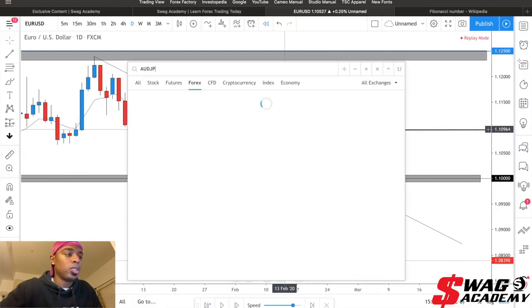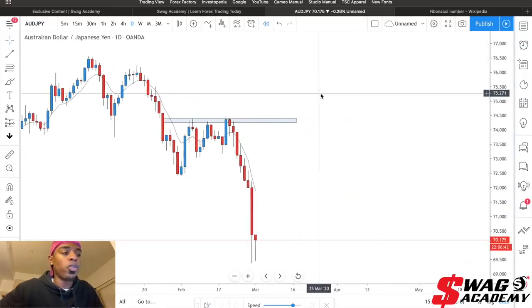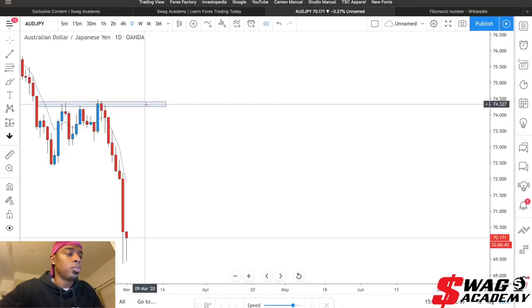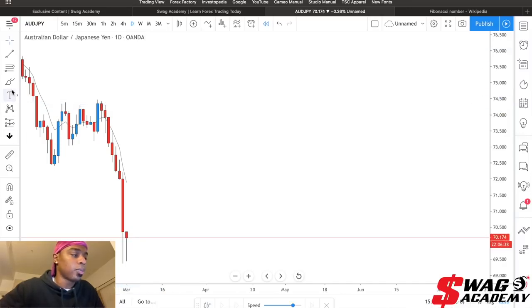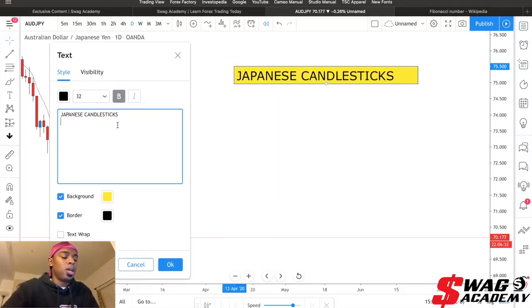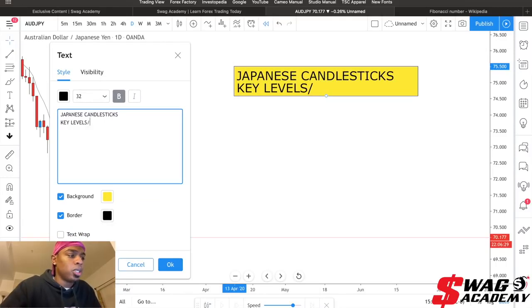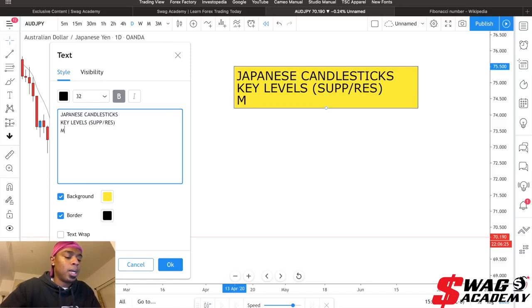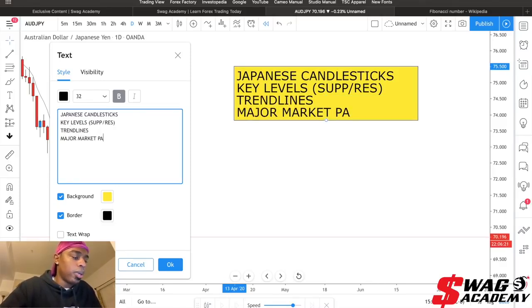If I can go back to AUJPY, you got to use all of them together. Bring it one more time. Text, we got Japanese candlesticks. We have, I think we did key levels, aka support and resistance. We had major trend lines, major market patterns.